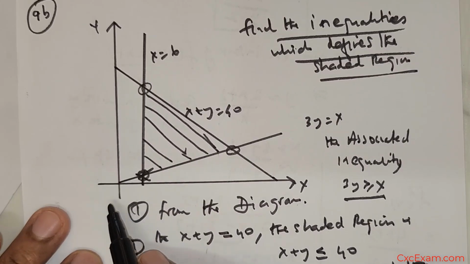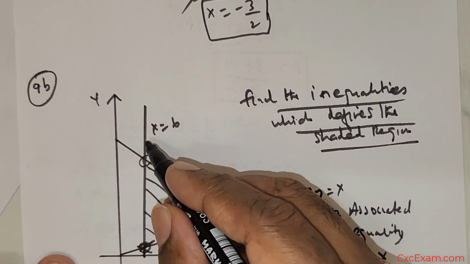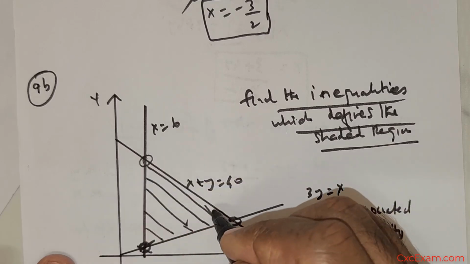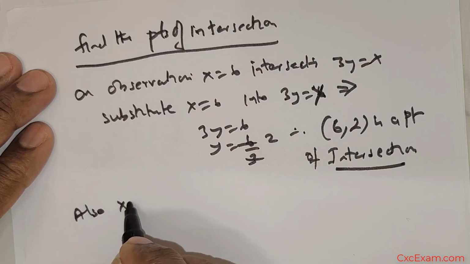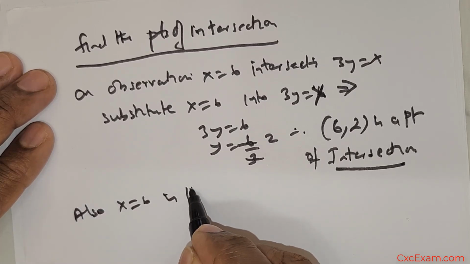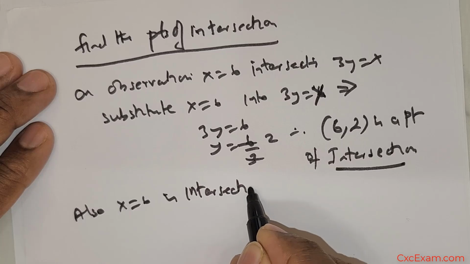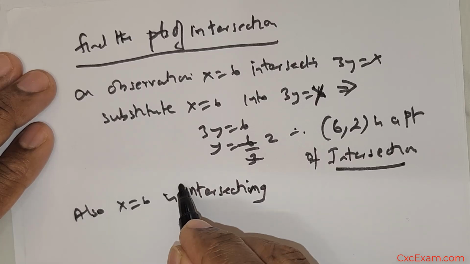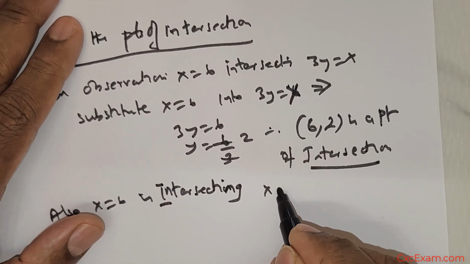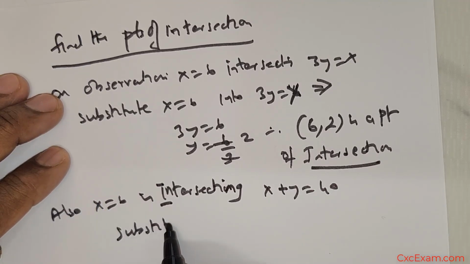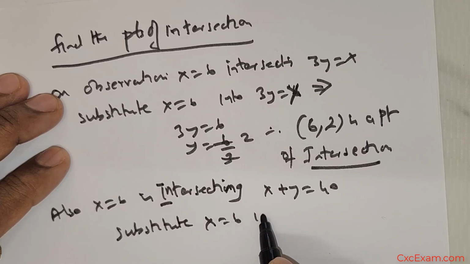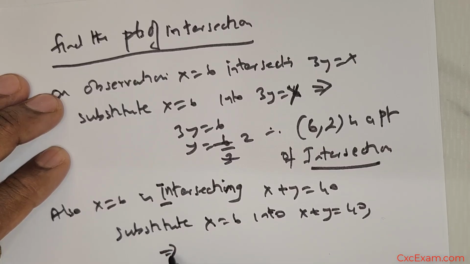Now there is also another intersection here. x = 6 is intersecting x + y = 40. So substitute x = 6 into x + y = 40, we get 6 + y = 40.